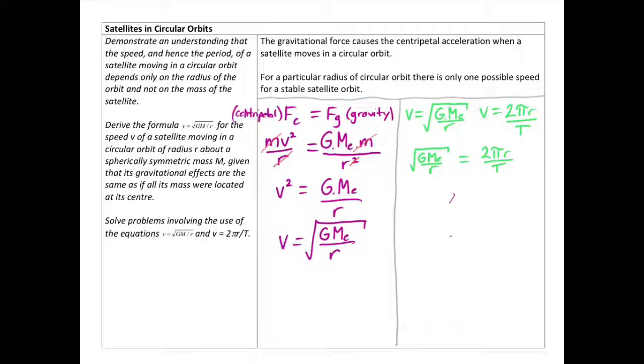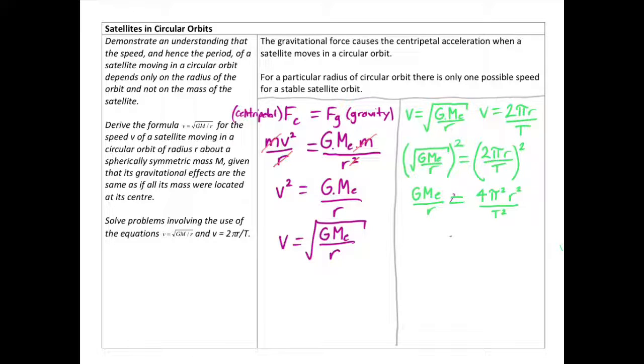So the first thing we're going to do is square both sides, because by squaring both sides, that gets rid of the square root. So we get left with GM_E on r is equal to 4 pi squared r squared over the period squared. So I've just squared out everything that was in that bracket.